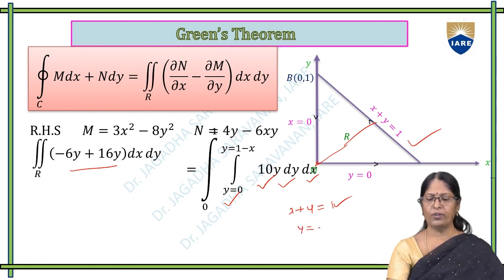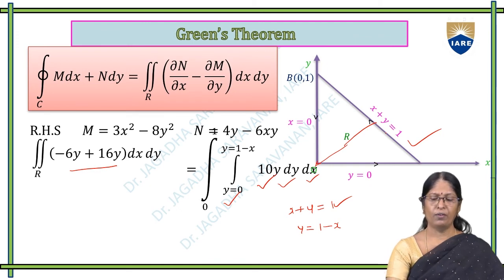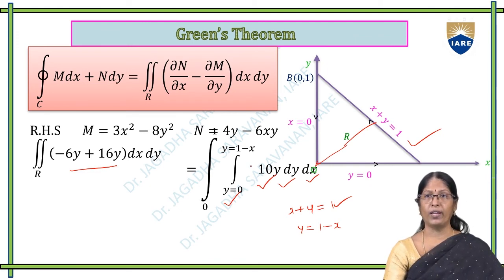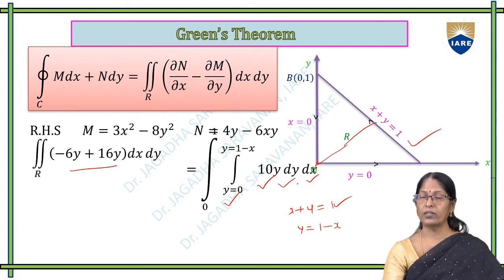So y equal to 1 minus x. We extracted y from the straight line equation. So the interior integration is from 0 to 1 minus x, 10y dy dx. When the interior integration is defined for y in terms of a function of x, then we have to integrate with respect to y only. That is the reason the changes occurred.